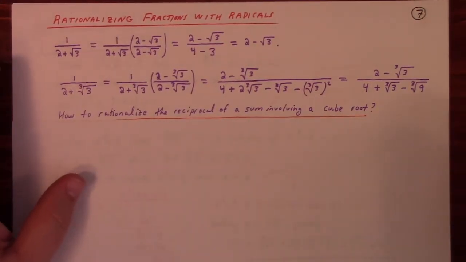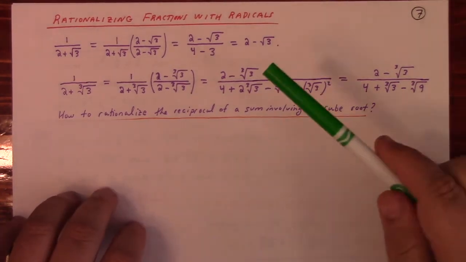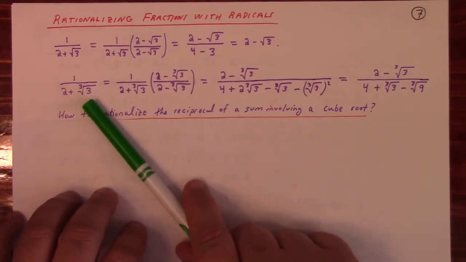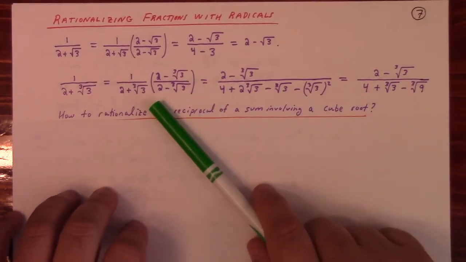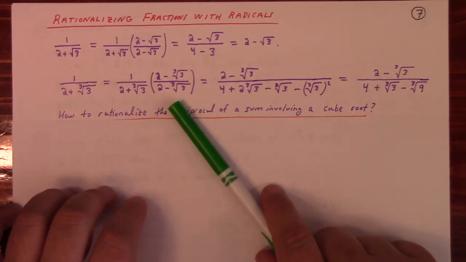Now, on the other hand, what happens if we try to do the same with the cube root? So, when somebody first asked me about this, I was like, oh, well, you just multiply by the conjugate over the conjugate, right? This is what every person with a little bit of math confidence will tell you.